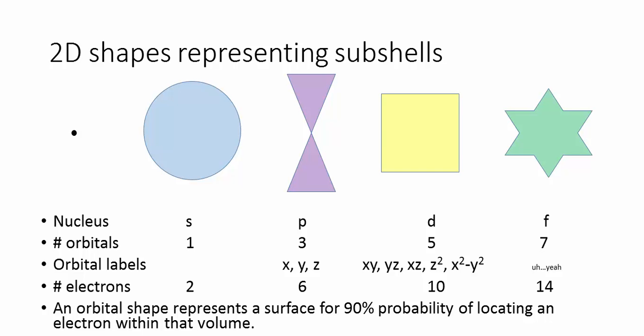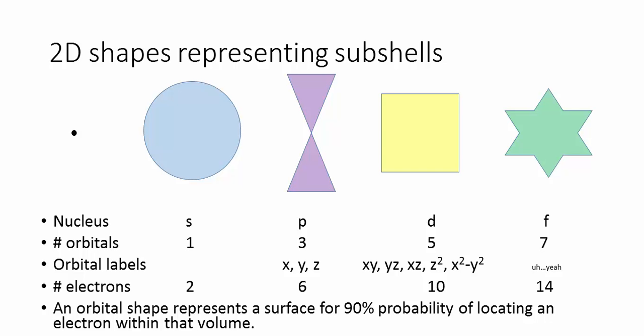A blue circle represents 1 orbital and can hold up to 2 electrons. The pair of purple triangles represents the P subshell. A pair of purple triangles represents 3 orbitals and can hold 6 electrons. The 3 p orbitals are called px, py, and pz and are oriented in 3D, as we will see on the next slide. The purple triangles represent all 3.